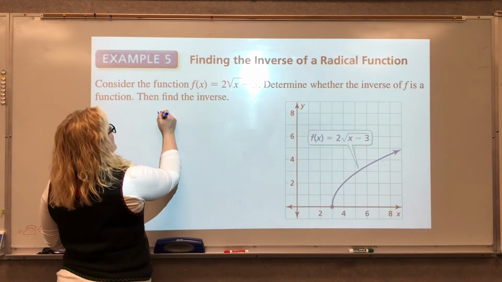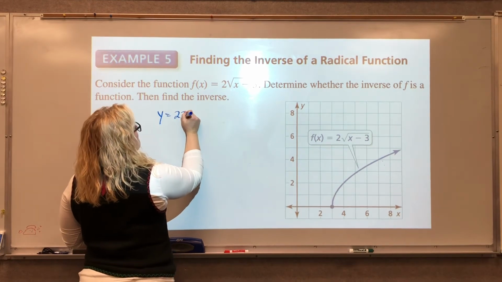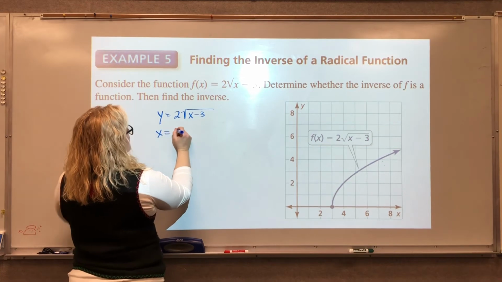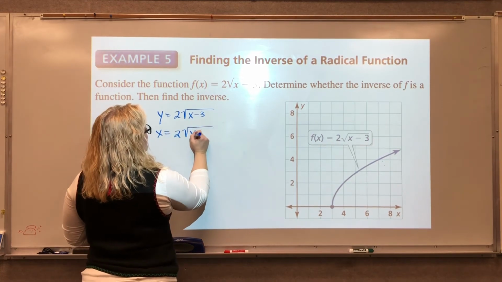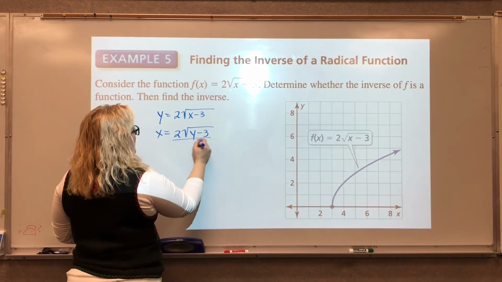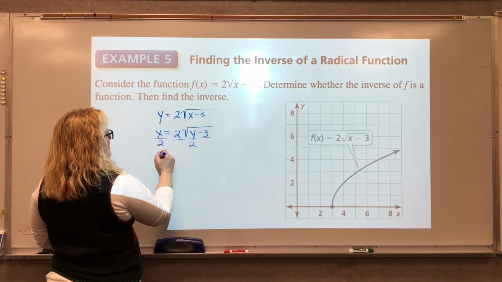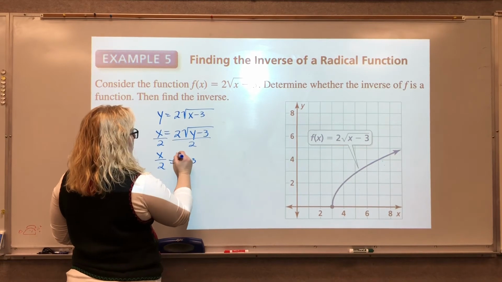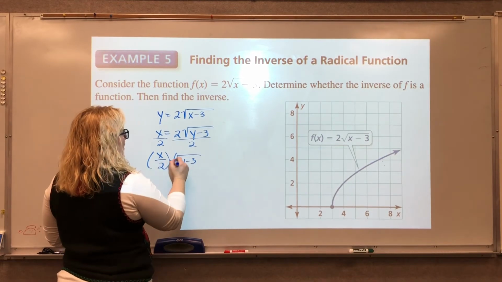So if I take the inverse of this right here, I'm going to flip-flop. So I have x equals 2 times the square root of y minus 3. And I'm solving for y. So x over 2 equals the square root of y minus 3. I'm going to square both sides.